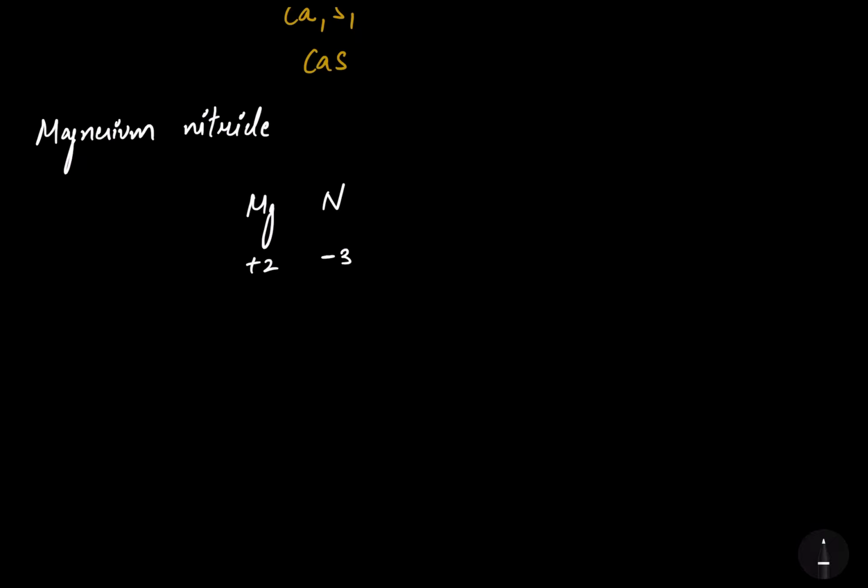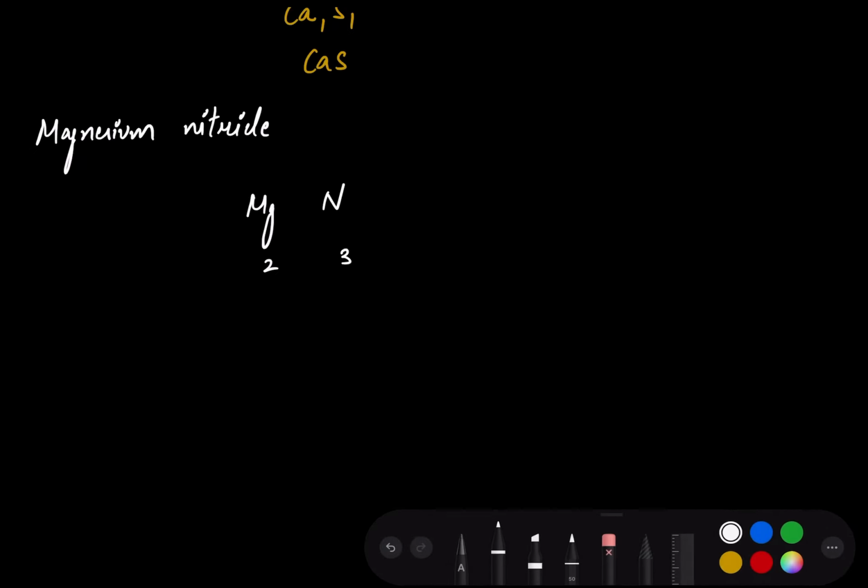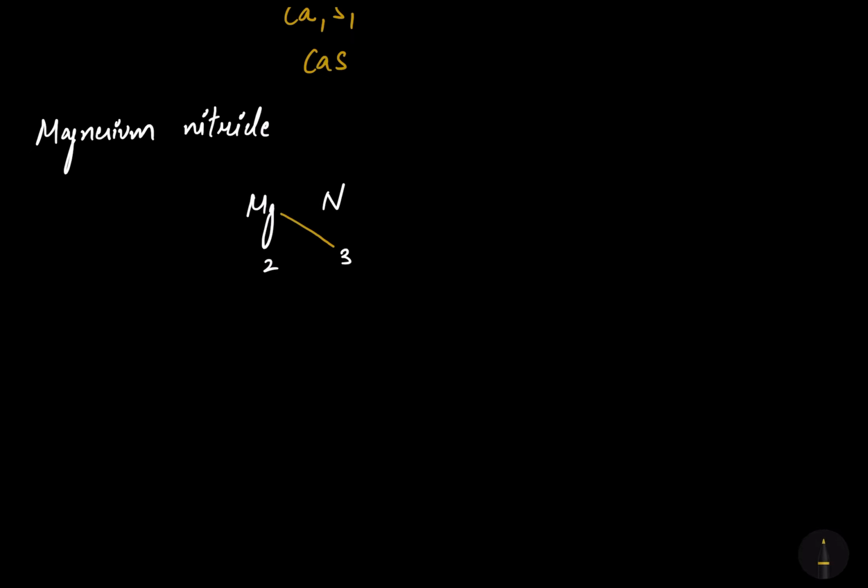Now just ignore the signs. Now we got the valences. Now we have to cross multiply it. Magnesium with 3 and nitrogen with 2. So it comes out to be Mg3N2.